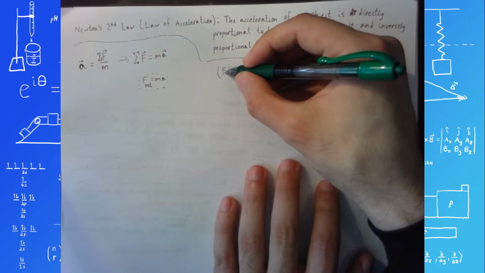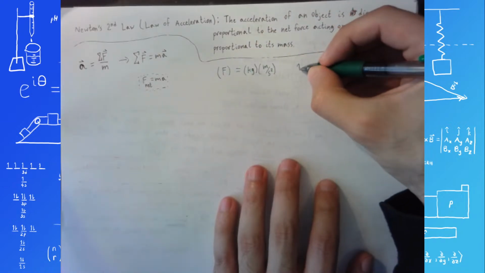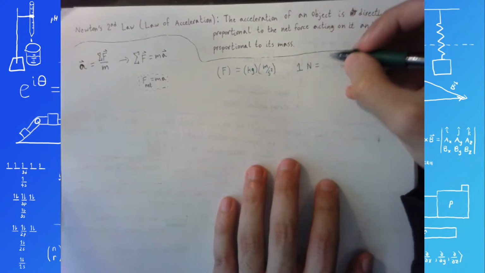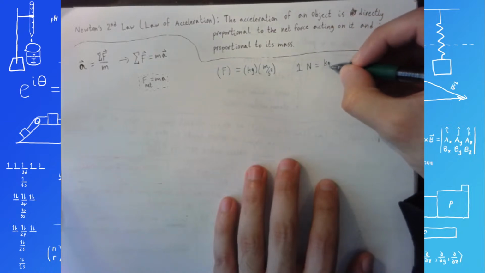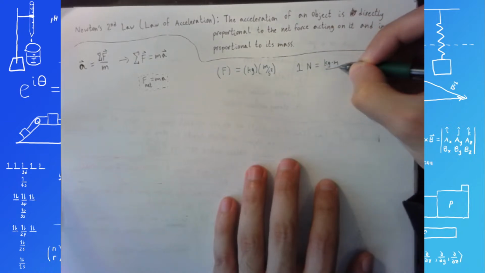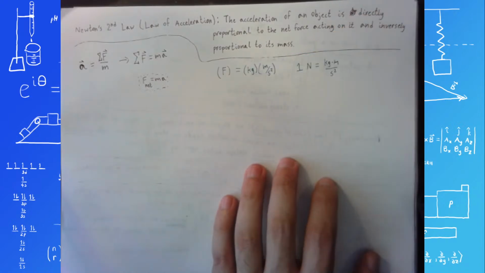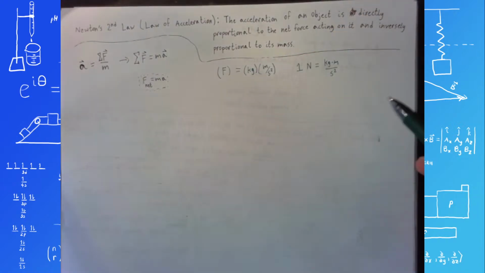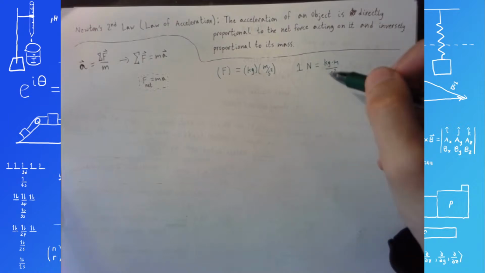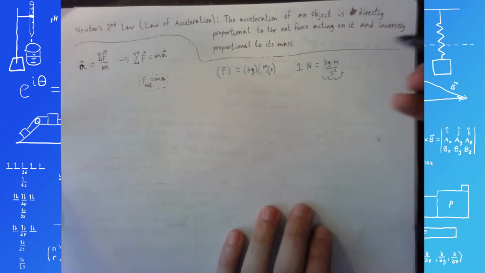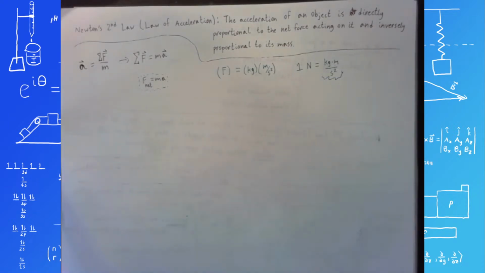So that gives us a Newton. 1 Newton is the name that we give to this unit of kilogram meters per second squared. If you multiply kilograms by meters per second squared, you get a kilogram meter per second squared, which is also a Newton. Make sure you remember that a Newton is a kilogram meter per second squared.